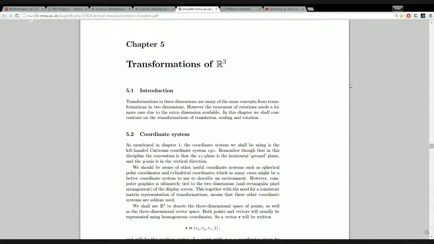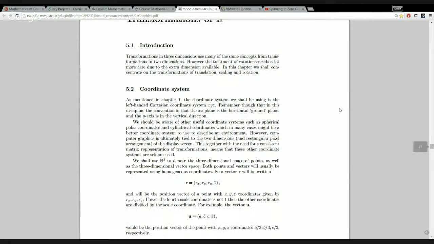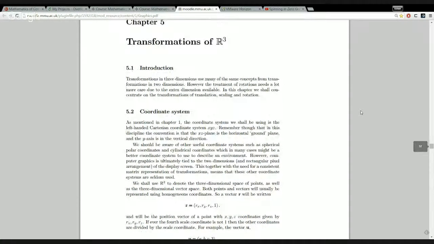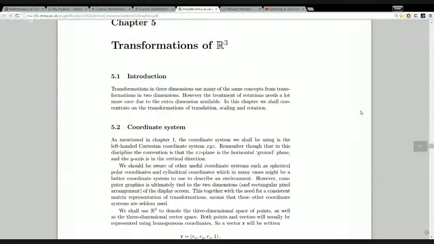The rotations are a little bit more tricky. There's a lot more room in 3 dimensions than there is on the 2-dimensional plane. Okay? So the rotations in 3 dimensions have an awful lot more structure and take a bit more understanding. Okay, that's all kind of introductory waffle, if you like.